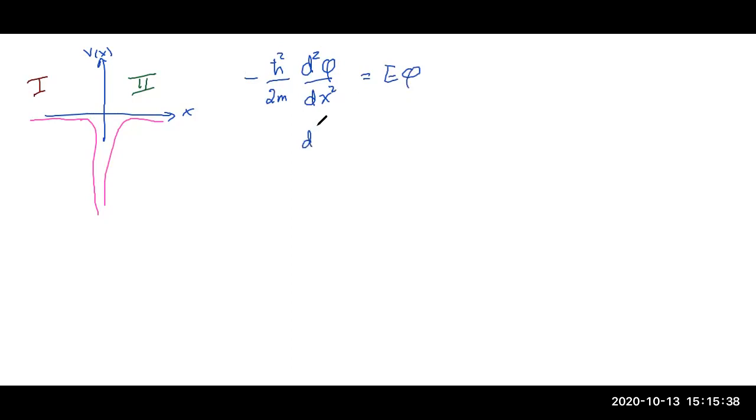So this tells me that the second derivative of phi with respect to x squared is minus 2mE over h bar squared times phi of x.